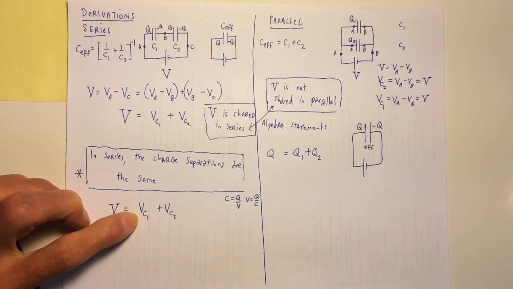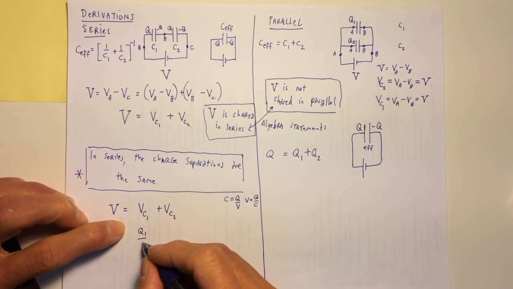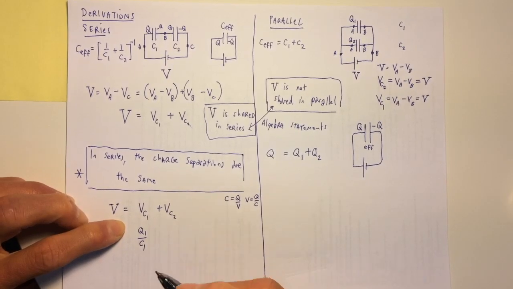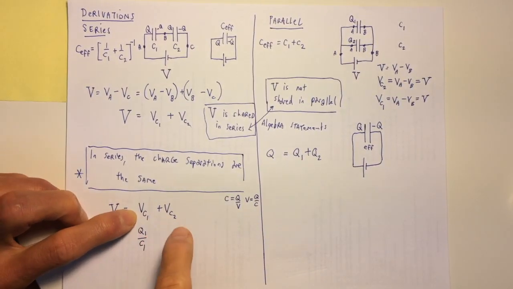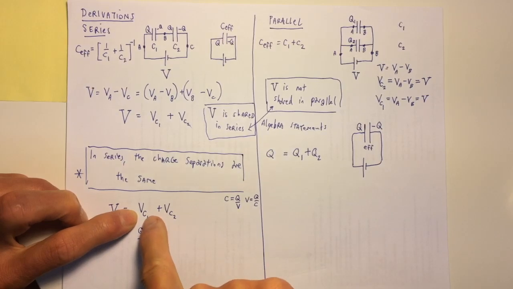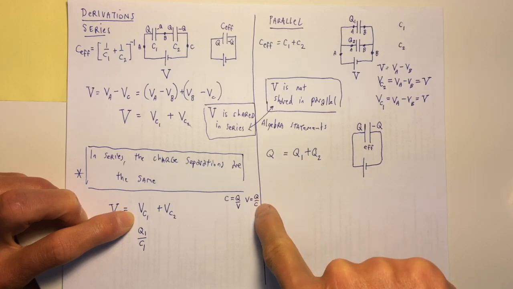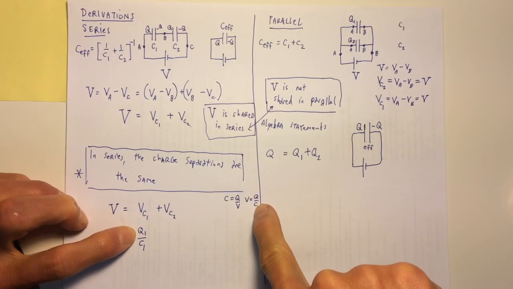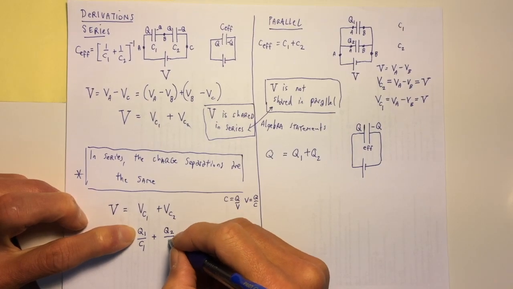So across capacitor 1, I have charge separation 1 divided by capacitance 1, right? The voltage across capacitor 1 is the charge across capacitor 1 divided by the capacitance of capacitor 1. Same thing goes for capacitor 2.